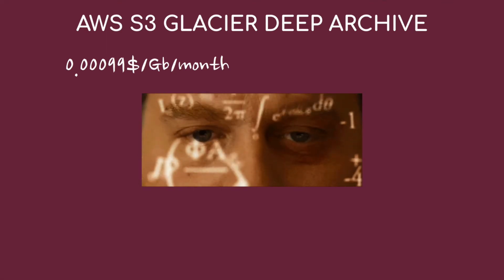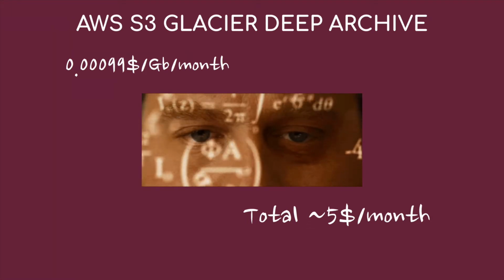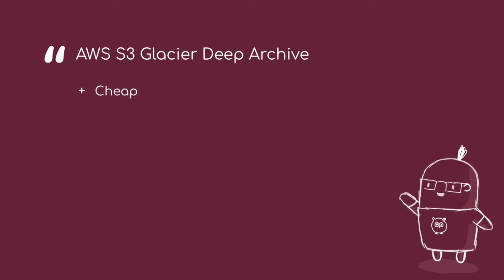So with the 5 terabytes, with that pricing, it's just $5 per month. So that's solving most of our issues here with the storage. It's really, really cheap. There's basically unlimited storage.